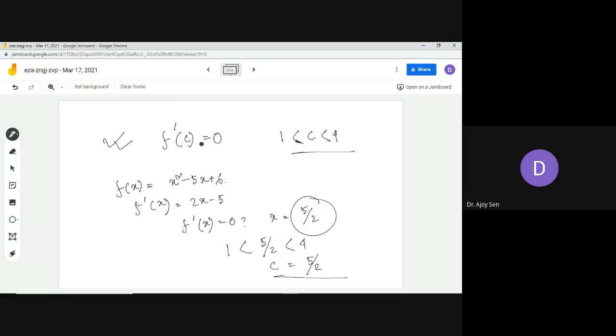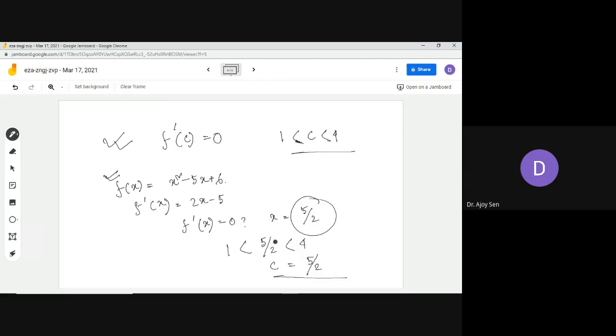Rolle's theorem tells you the existence of a point, but it does not tell you how to find that point c. That point c will be evaluated from the definition of the function f of x. You take the derivative, and from the derivative you calculate at which point f dash x is equal to 0.